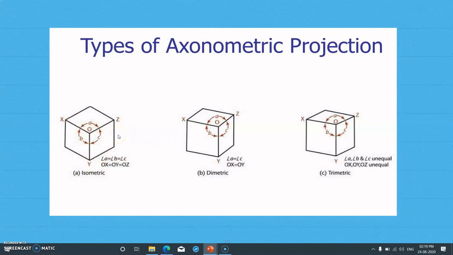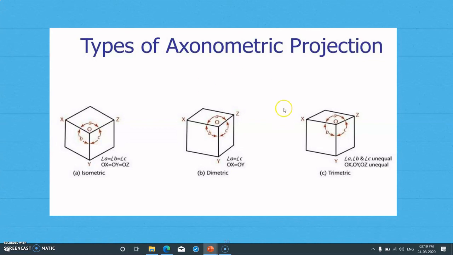It is the most common axonometric projection. Here the projection plane normal makes equal angles with the principal axes. It also has the property that all the three principal axes are equally foreshortened. From the name itself we know iso means equal and metric means measure, so we have equal measurement.